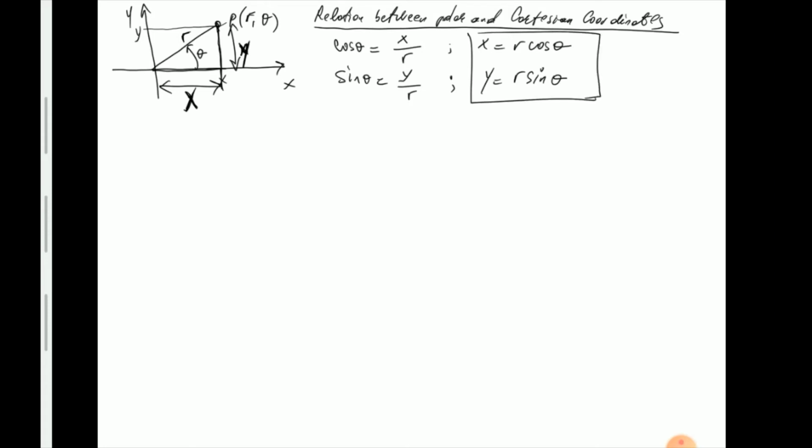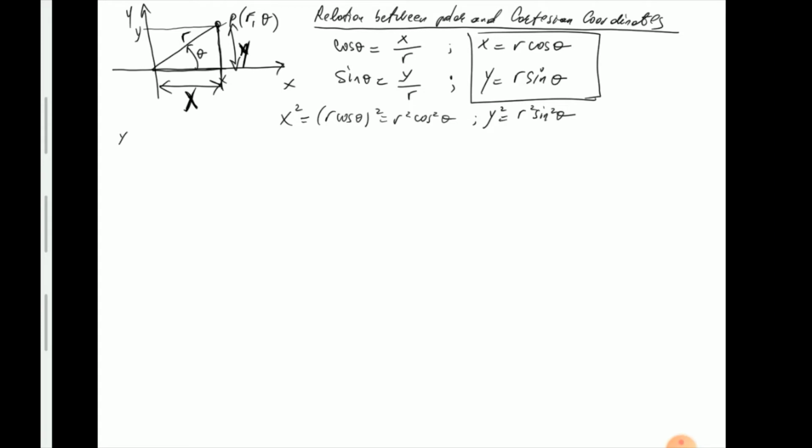And in practice, you should also know two additional relationships, because these are very useful in many cases when you have to go back and forth between polar coordinates and Cartesian coordinates. For example, if I square both sides and add the two equations, so x squared equals r cosine theta squared, which is r squared cosine squared theta, and then the same thing for y squared.